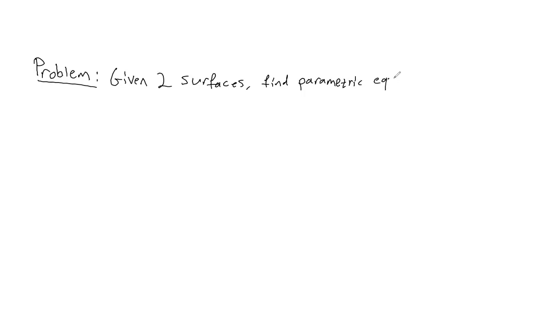And if you're taking 230 and not 231, you're definitely going to have to do this a lot towards the end of the semester. So I want to sort of get used to thinking about this now. And it's this issue of curves of intersection. So if you've got two surfaces, the general problem that I want to look at is you've got two surfaces, and you want to find parametric equations or perhaps a vector function.